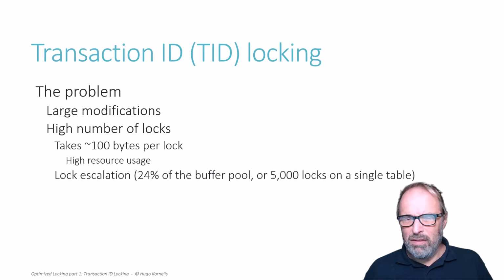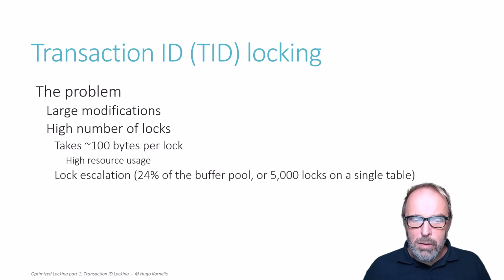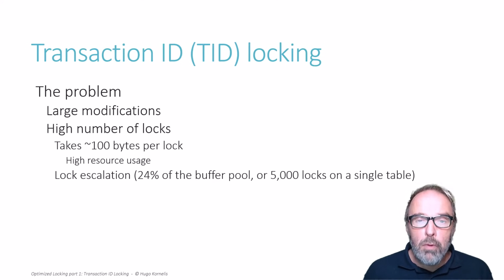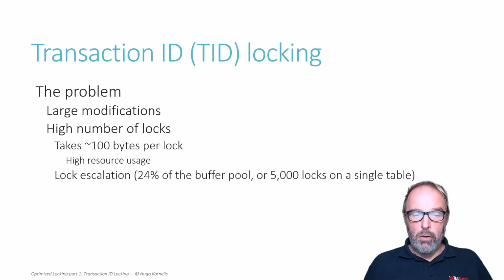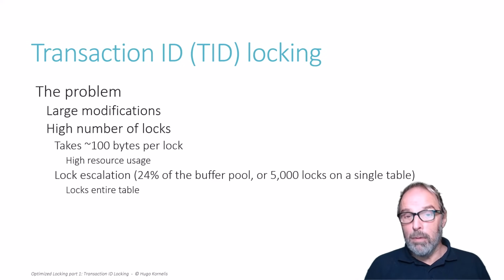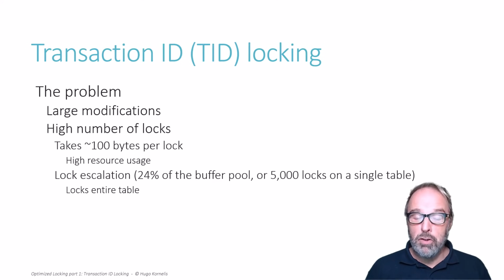If there's more than 5,000 locks on a single table, or if the total number of locks across the entire system has eaten more than 24% of your buffer pool memory, then SQL Server will automatically employ lock escalation, and then all locks will affect the entire table. Hooray! We have all our memory back, but our concurrency is now down the drain.